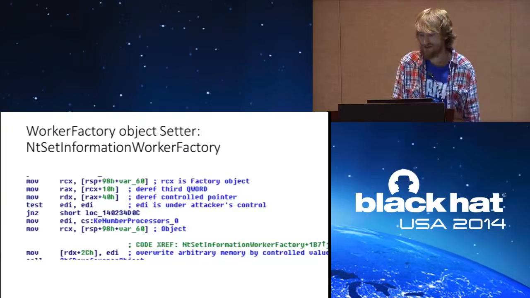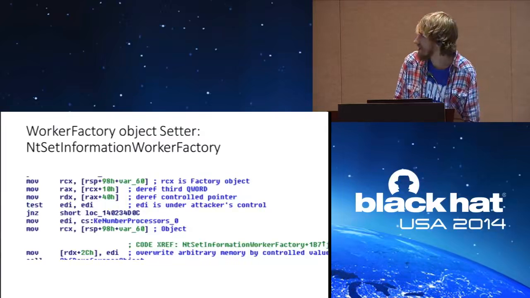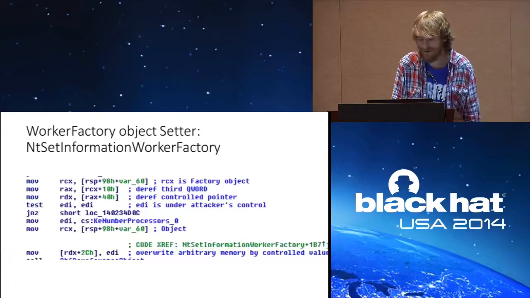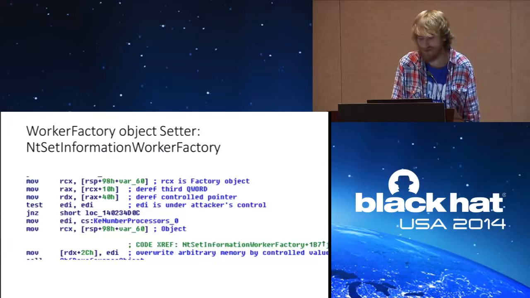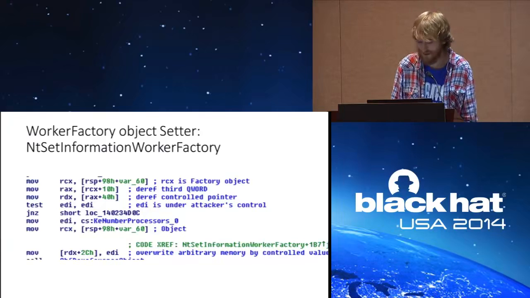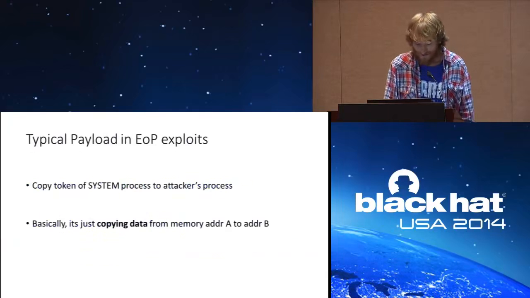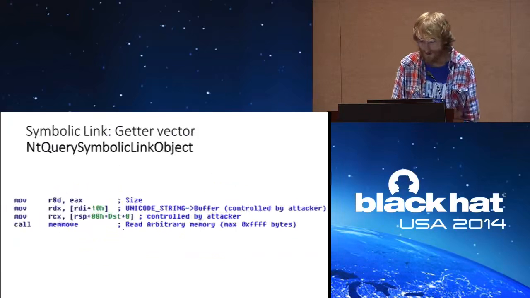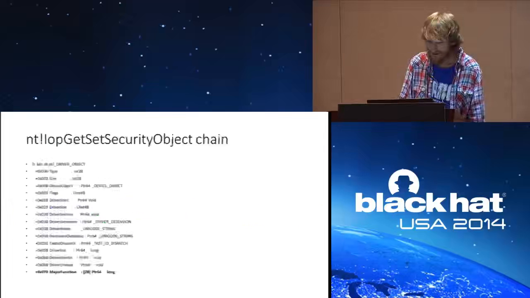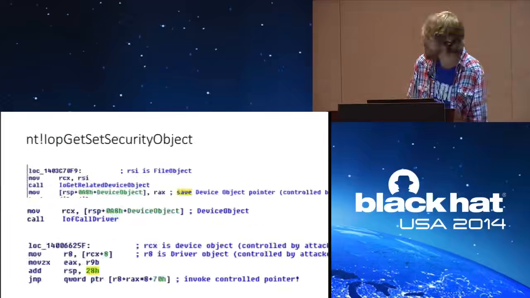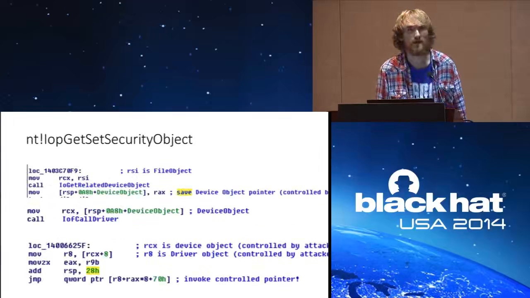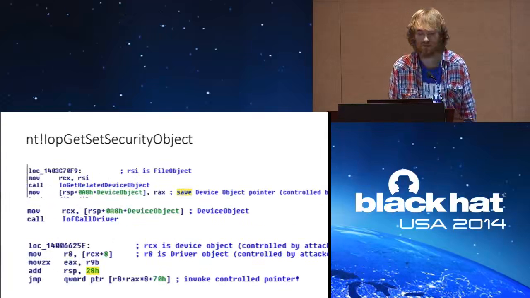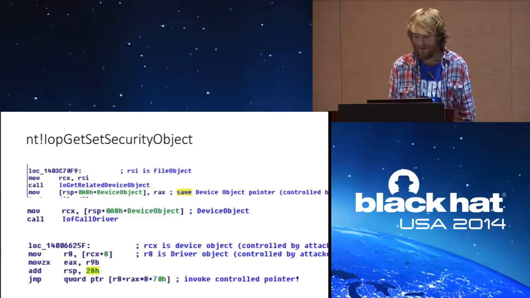It's pretty nice. So just one smashed worker factory object, and you can write to memory an infinite amount of times. In fact, on this stage, when you hijack execution flow, most of you would say, okay, but it's already done.